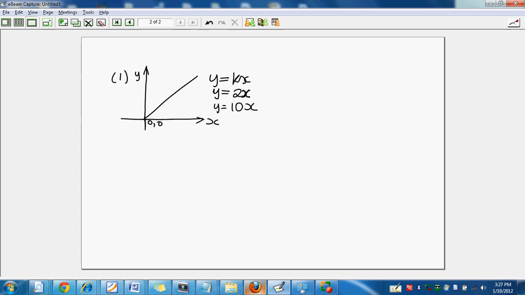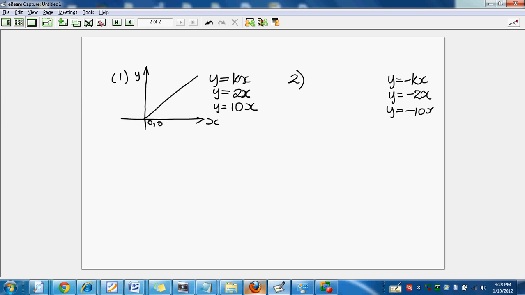Second one, this will be of the form y equal to minus kx, right? Y equal to minus 2x, for example, or y equal to minus 10x.